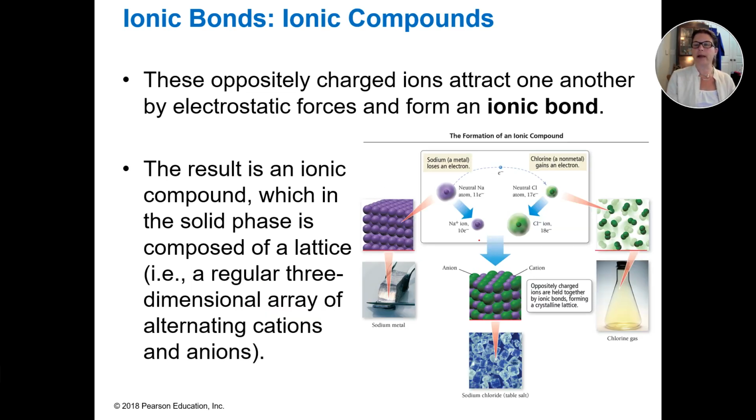So when we look and see what happens here, if I just have a regular old ordinary neutral sodium right there and a neutral chlorine, as soon as that sodium gives up an electron and becomes an ion, it is now going to be attracted to the negatively charged chlorine, which is now a chloride ion that has taken that electron. And because opposites attract, that's what brings them together.